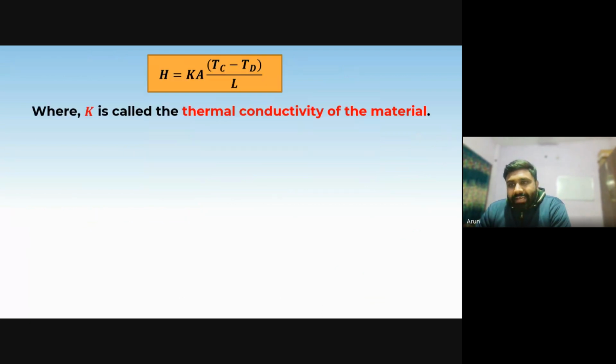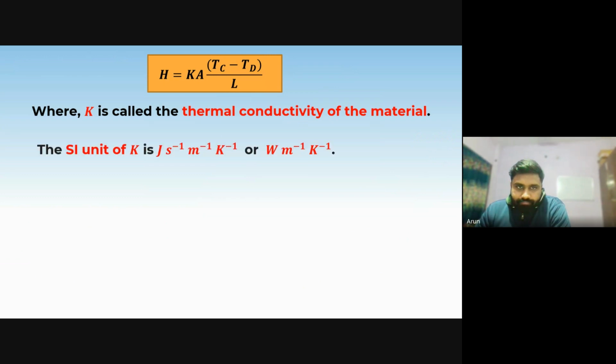Now, what is K? I have told you, it is the thermal conductivity of the material. So the unit of K is important, which is joule per second per meter per Kelvin. Joule per second will become what? Power. Power is nothing but work upon time. Work has a unit of joule, time has a unit of second.